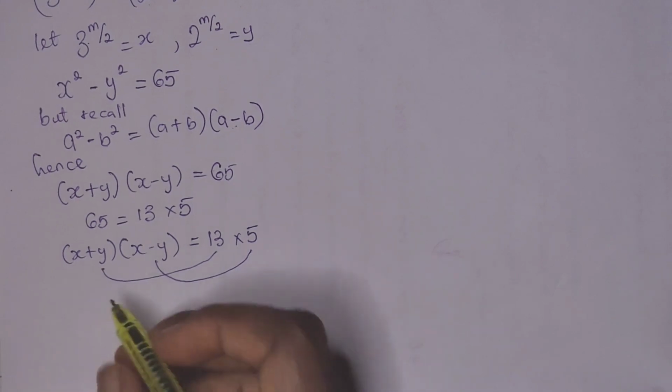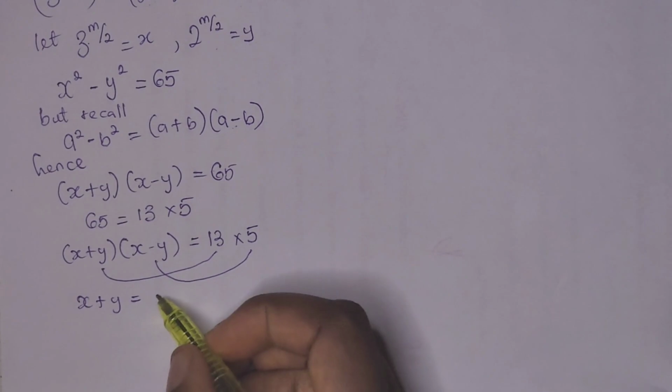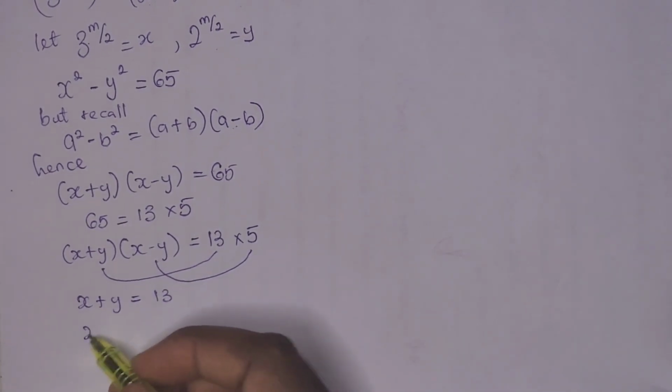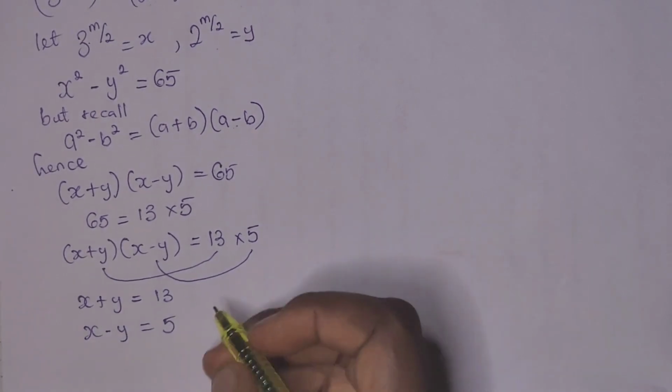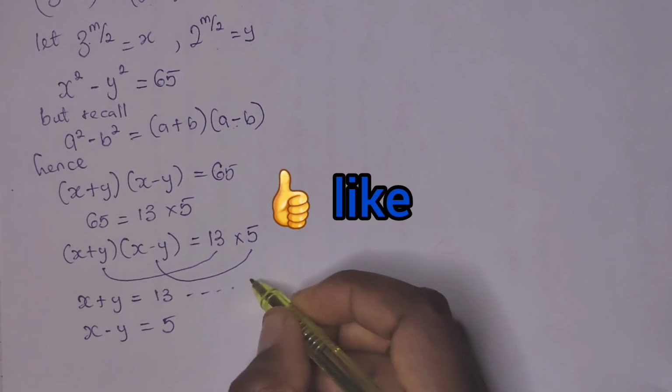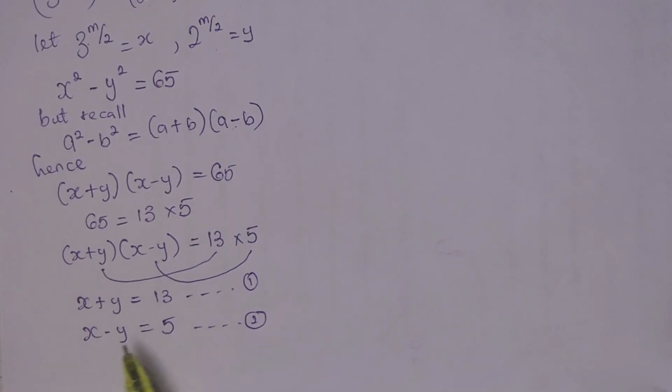So we then have x plus y equal to 13 and x minus y equal to 5. Let's name this one equation 1 and this one equation 2. So we are going to resolve equation 1 and equation 2 simultaneously to get our x and y.